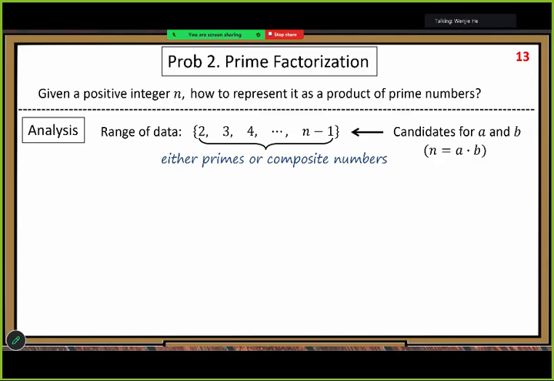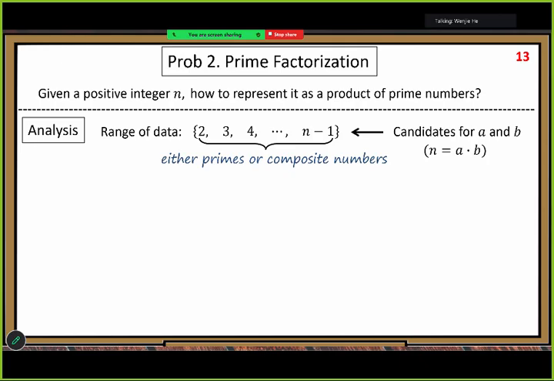Next, I want to talk about the sieve algorithm, the Sieve of Eratosthenes. In that sieve algorithm, in this list from 2 through n minus 1, we need to separate primes from composite numbers.